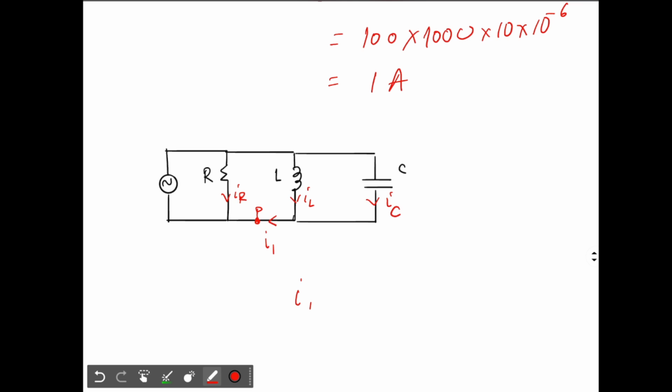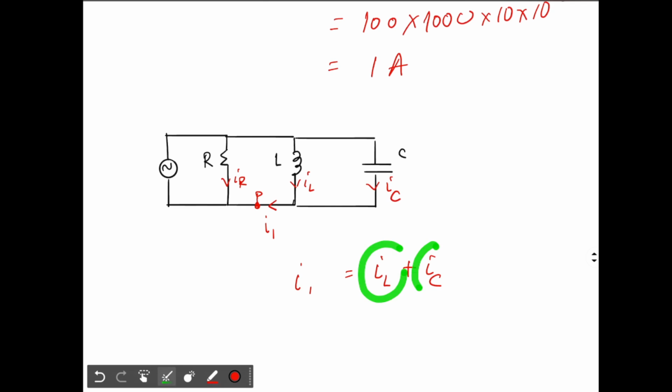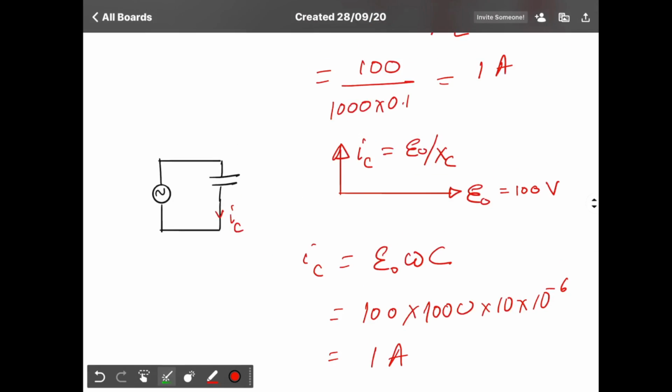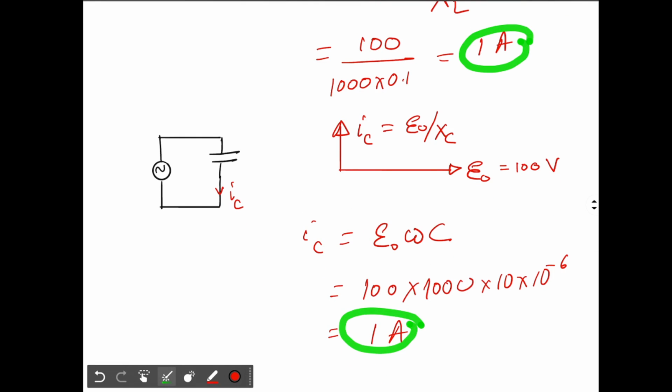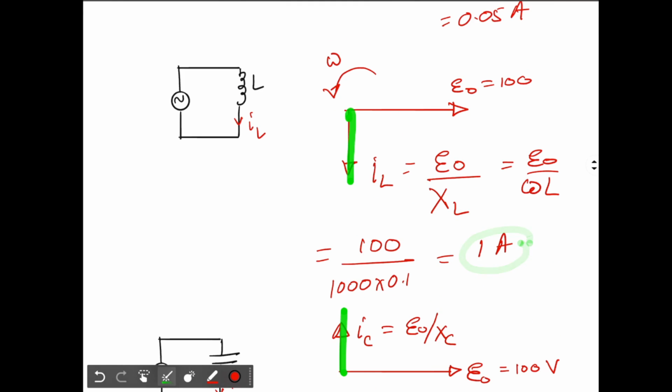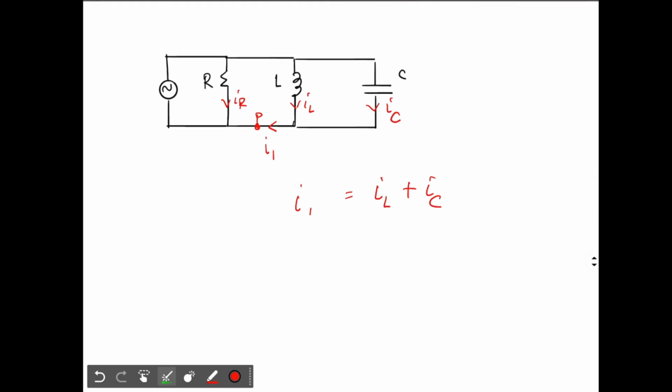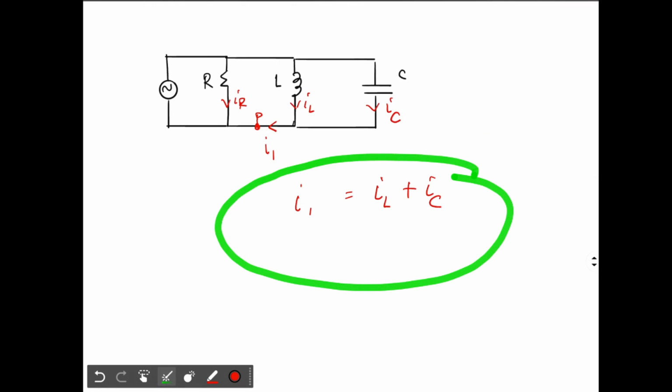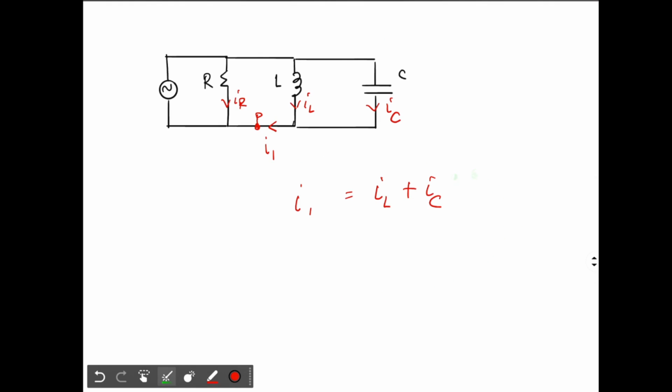So I1 will be equal to IL plus IC. But I have not calculated their actual values. I have just calculated their amplitudes and I know their phasors. So to solve this equation I need to use the phasors, because I don't know the actual value, I have just calculated the phasor value.